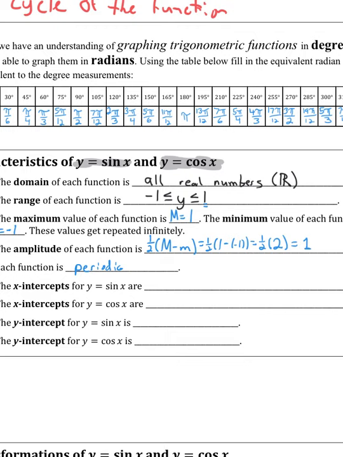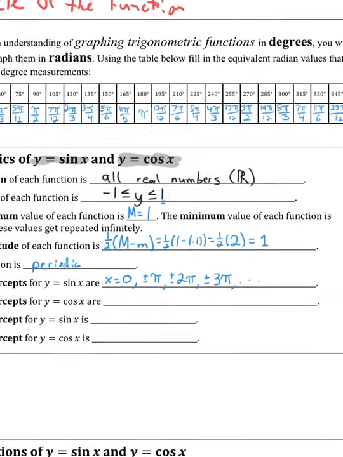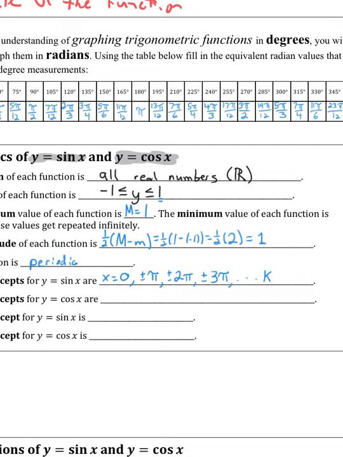And then last couple things to talk about. X-intercepts for y equals sine of x. The first x-intercept is going to be at 0. We talked about the point 0, 0, and then it goes up to max, comes back down, and then it hits 0 again, and it hits 0 again at pi. And it would happen in both directions. It's going to be at positive and negative pi. And then it hits again at 2 pi. It hits again at 3 pi, and 4 pi, and 5 pi, and 6 pi, and k times pi, as long as k is an integer value.